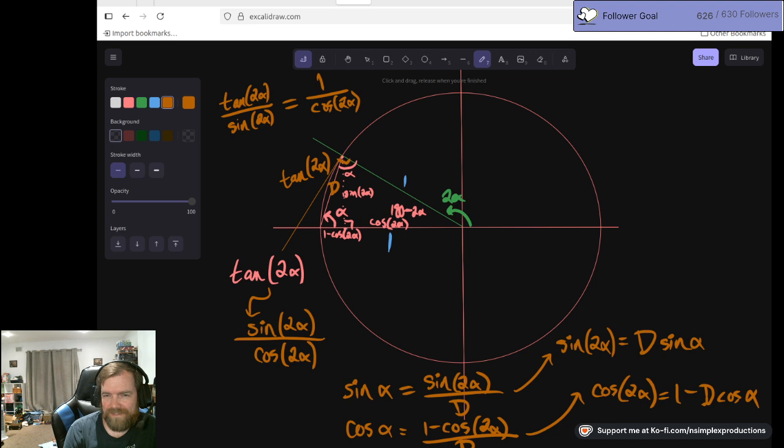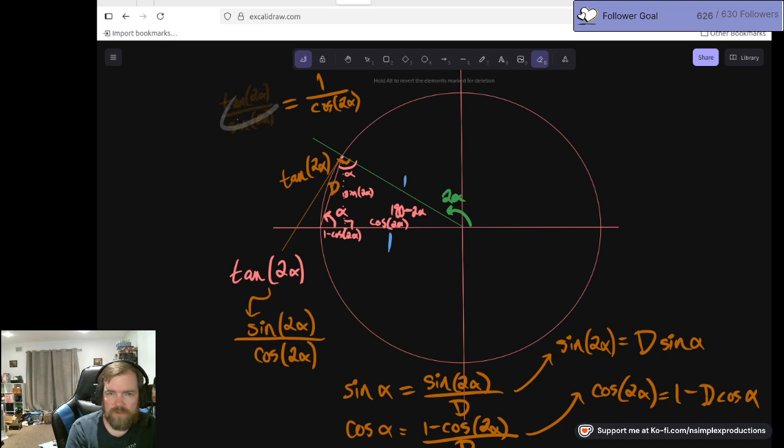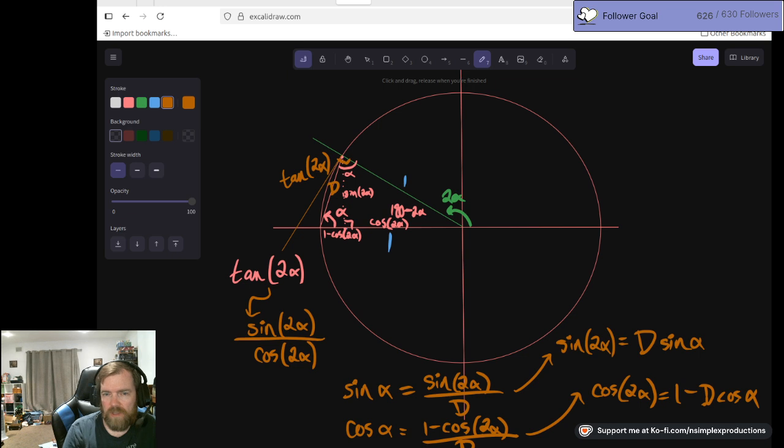Okay, but hang on. We want to relate this instead, since we already know that that's true. That's a definition. Is there another way to relate this specifically to units involving just alpha?